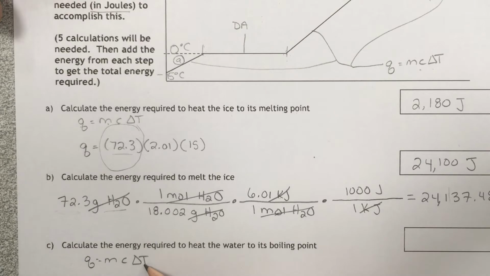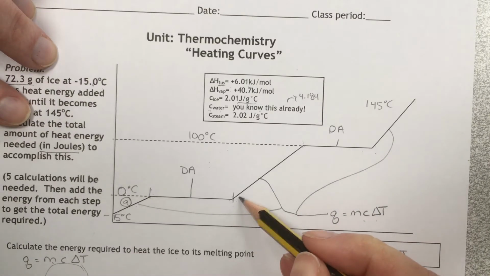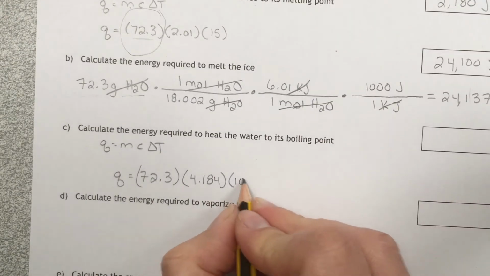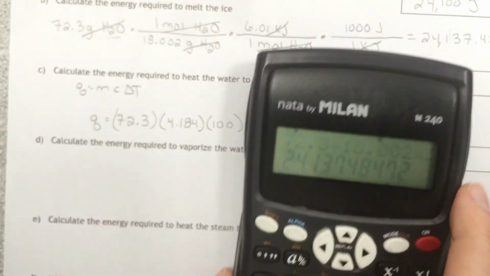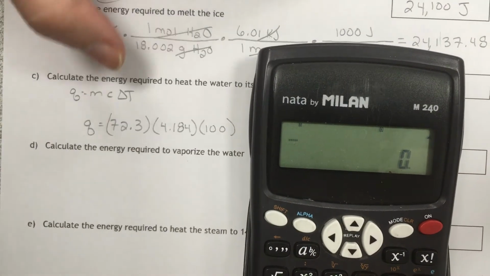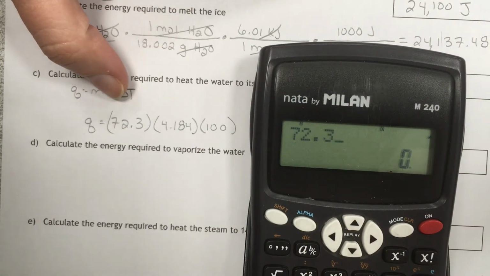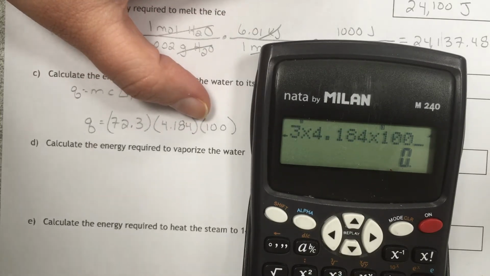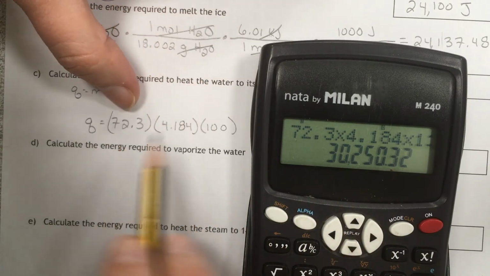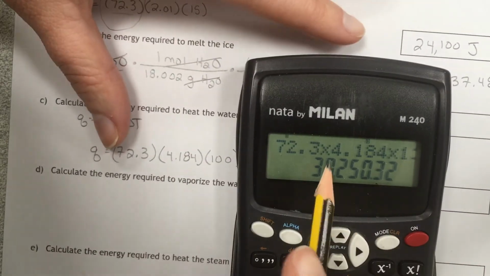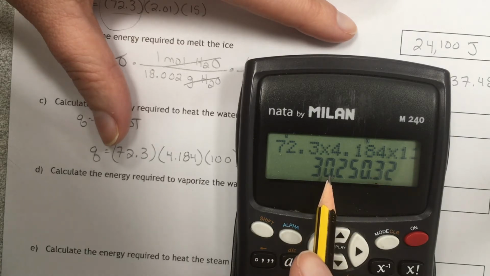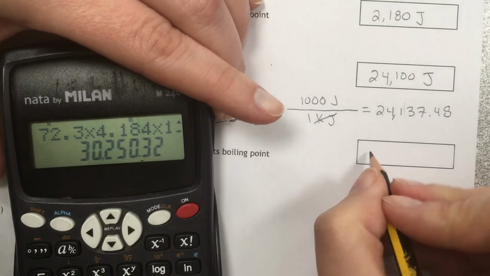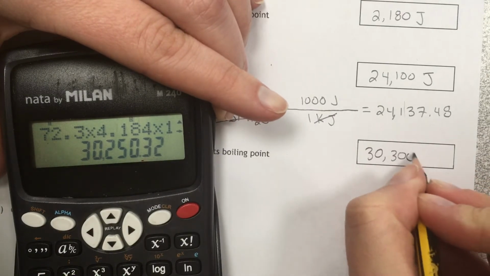And then change in temperature, from 0 to 100. So the temperature change is 100. That's easy. Let me just put it in the calculator, and that's our answer. These are easy. So 72.3 times 4.184 times 100. 3 significant figures, so we're going to write 30,300 joules.